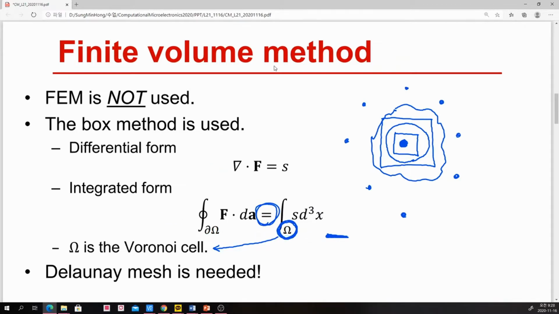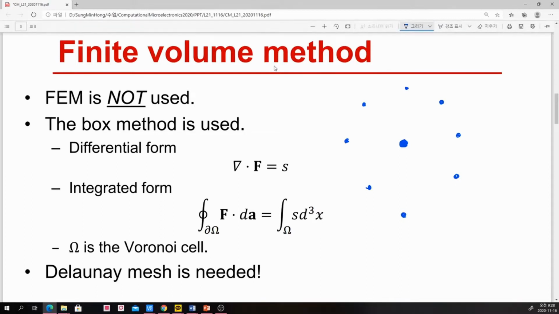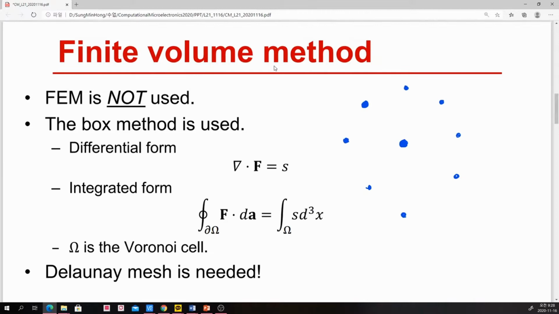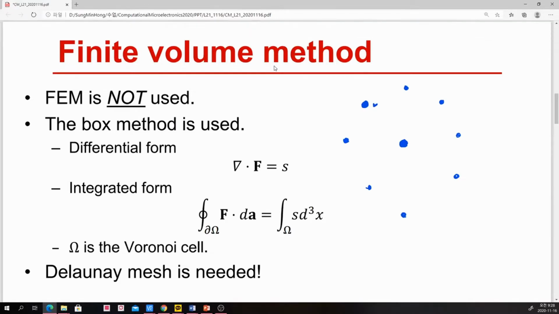So the selection of omega is an important one. Now we understand that the selection of omega itself is quite arbitrary. Any arbitrary shape is allowed. However, let's think about this one. Here we have many points, and if we have a certain position, then this position is quite reasonable to belong to this point.